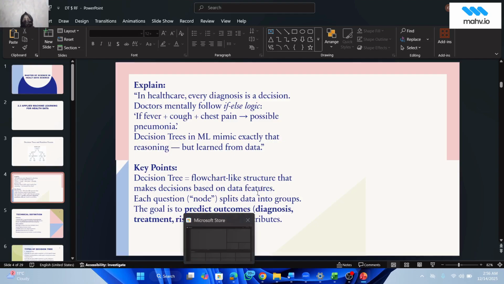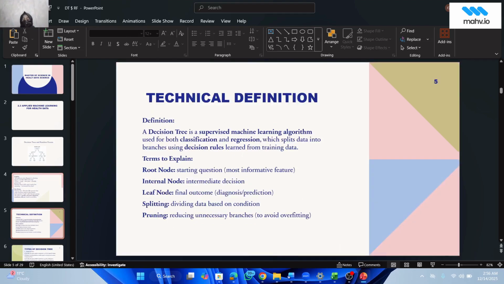So the key point is that a decision tree is a flowchart-like structure that makes decisions based on data features. Each question splits data into groups. The goal is to predict the outcome, like diagnosis, treatment, risk, etc., based on the attributes.